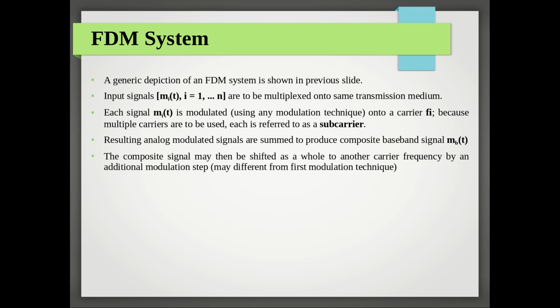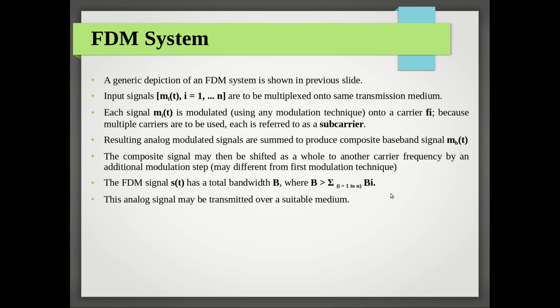So there is one modulation used for the individual signals, and here the modulation is for the total combined signal, according to the carrier frequency of the outgoing link. The frequency division multiplexed signal S of t, the final output, has a total bandwidth B which is greater than the sum of the bandwidths of the individual signals.